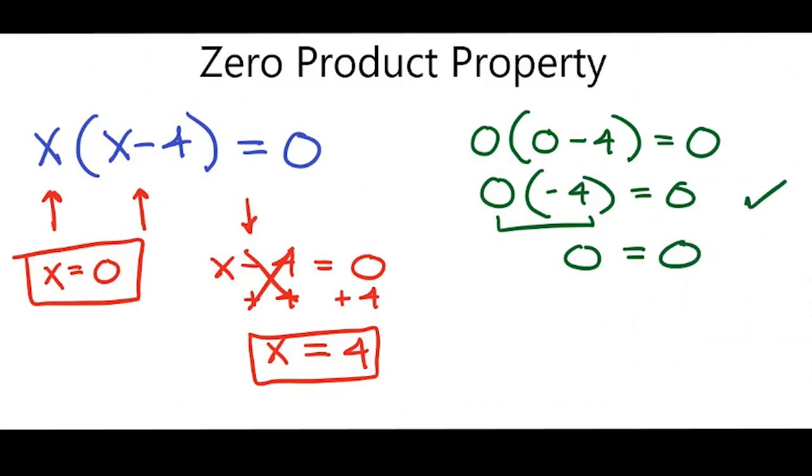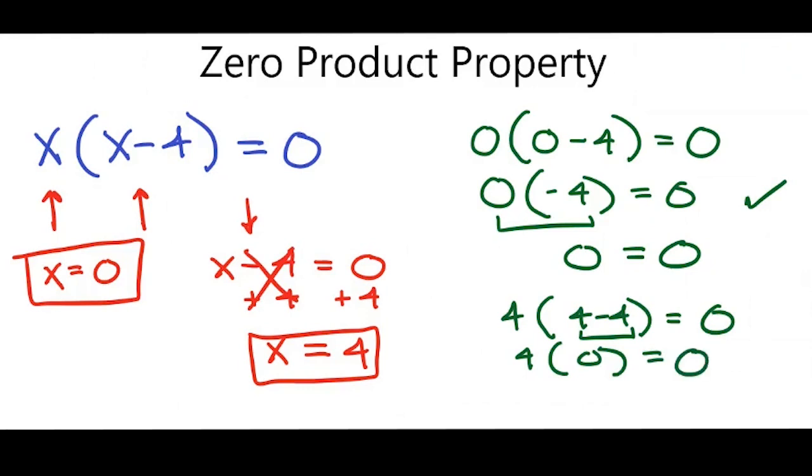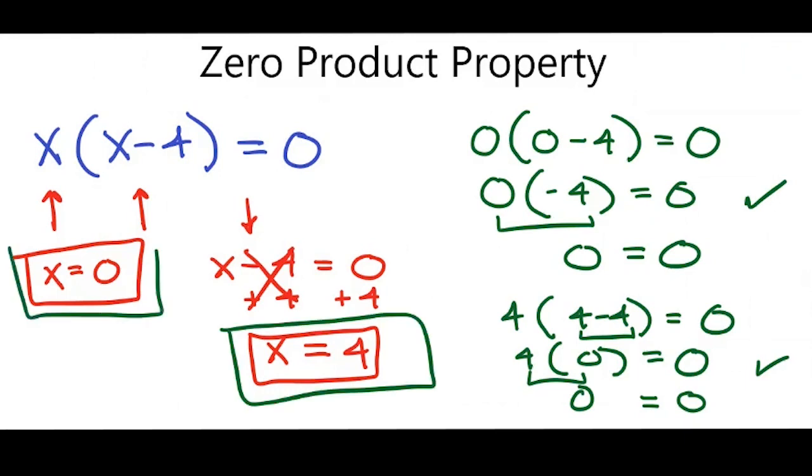Now let's try x equals 4. So 4 times (4 minus 4) equals 0. So 4 times, 4 minus 4, that's 0, equals 0. And 4 times 0 equals 0. So 0 equals 0. Check. So I've confirmed that my answers are x equals 4 and x equals 0.